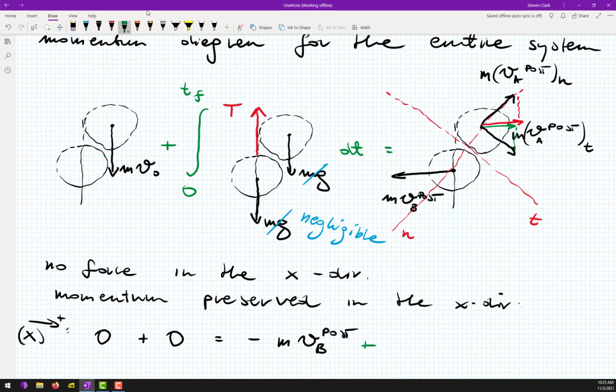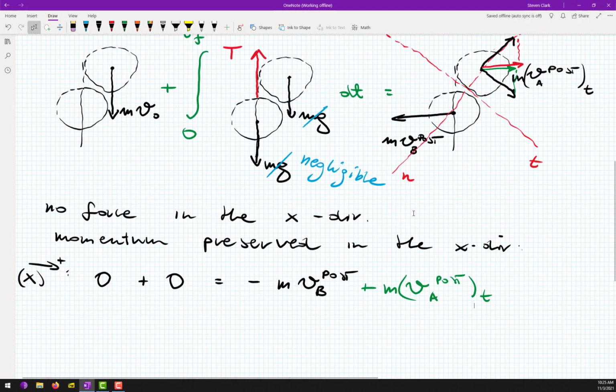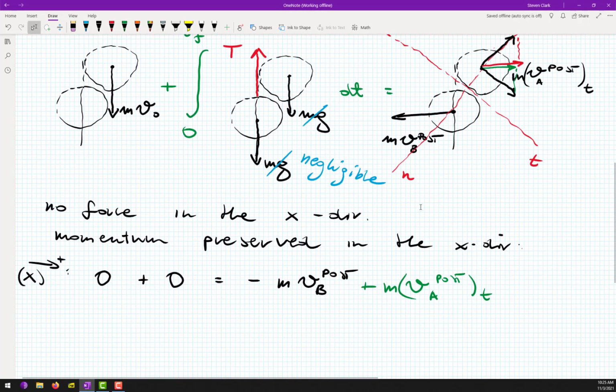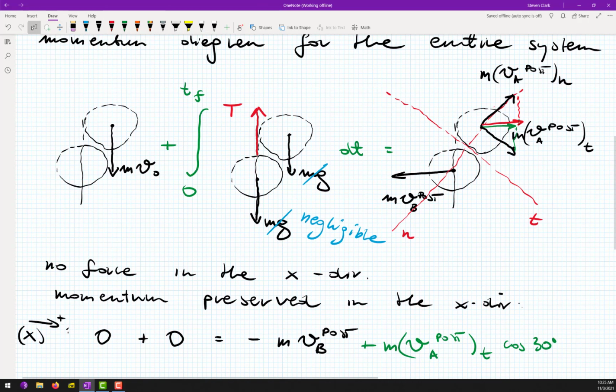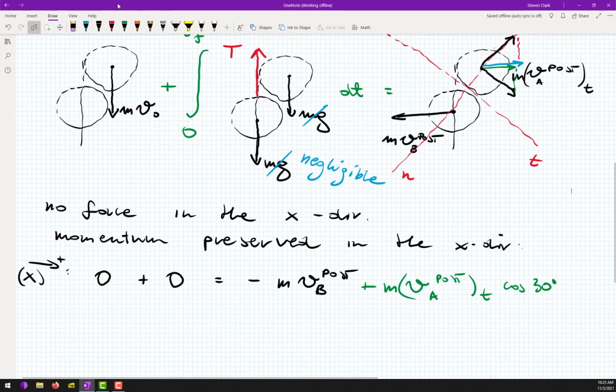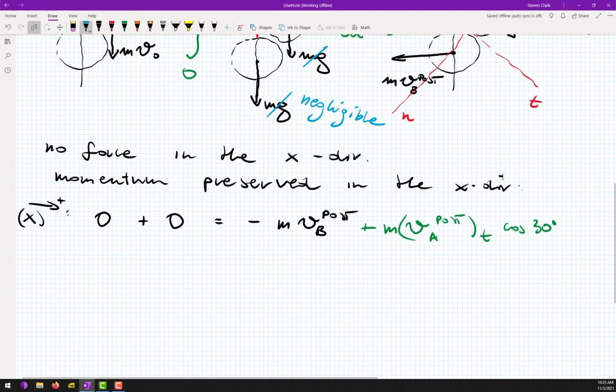So we will have plus MVA post T, sine or cosine here? Cosine 30 degrees, and I changed my mind. It won't be red guy, it will be blue guy. And here we'll have plus MVA post normal sine 30 degrees.